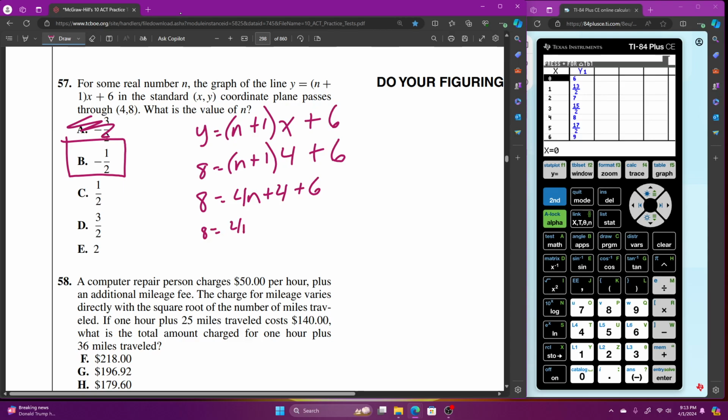Eight equals 4n plus 10. Subtract 10 on both sides. -2 equals 4n. Divide both sides by 4. N equals -2 divided by 4, which equals negative 1/2. So we would get the same answer either way.